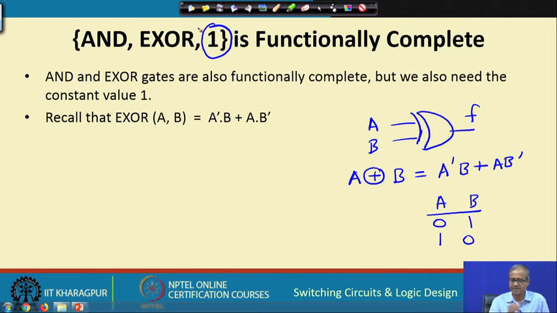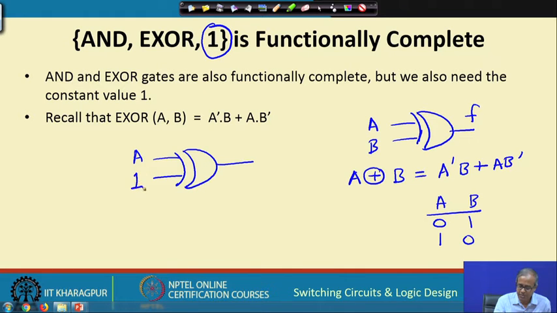Why? The reason is very simple. Suppose I have an XOR gate. The XOR function I have already shown. Let us say to the first input I apply A, and to the second input I apply a constant 1. So, what will be my output?